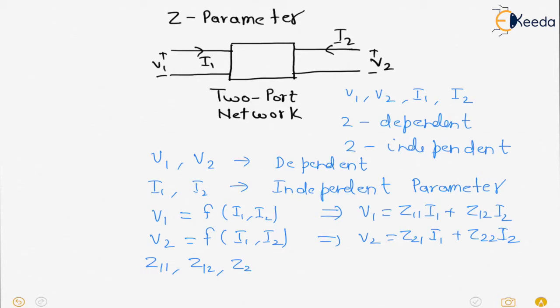These Z11, Z12, Z21, Z22 are our proportionality constants. Now our main aim is to find out these Z11, Z12, Z21 and Z22.